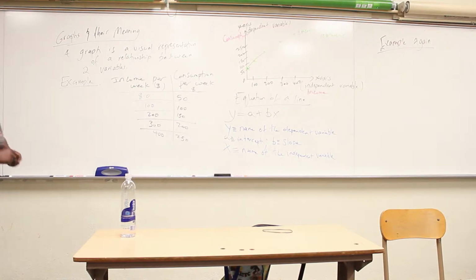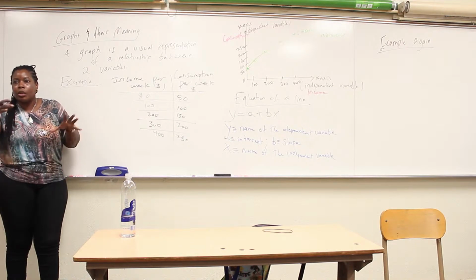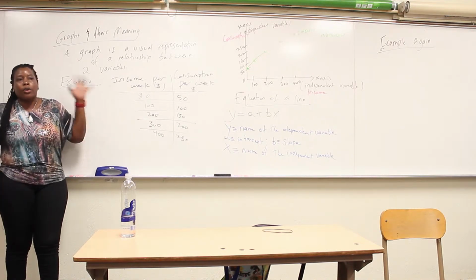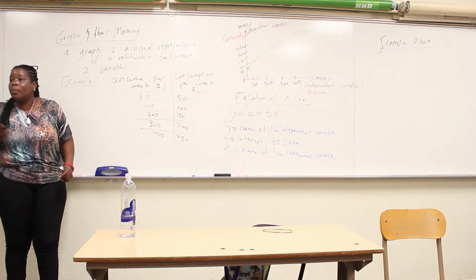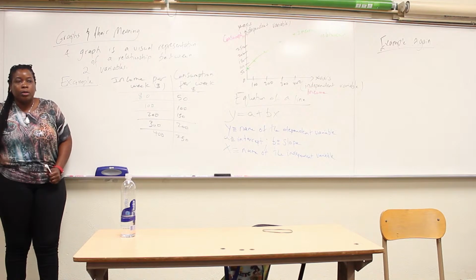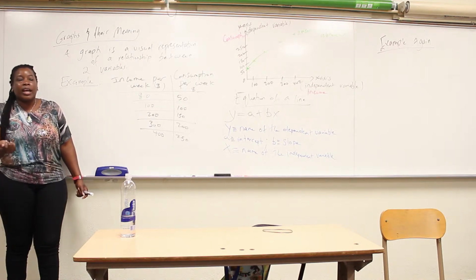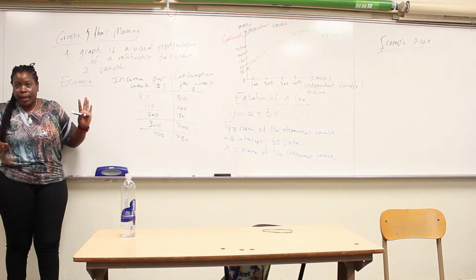Now whenever you get these problems, no matter what I ask you, once you see the graph and the equation of the line, what you want to do is draw your graph. Once you draw the graph, you're going to see that everything will fall into place very naturally. Even if I give you a table and say, tell me the equation of the line, don't just jump into it. Draw the graph first and you'll see why.